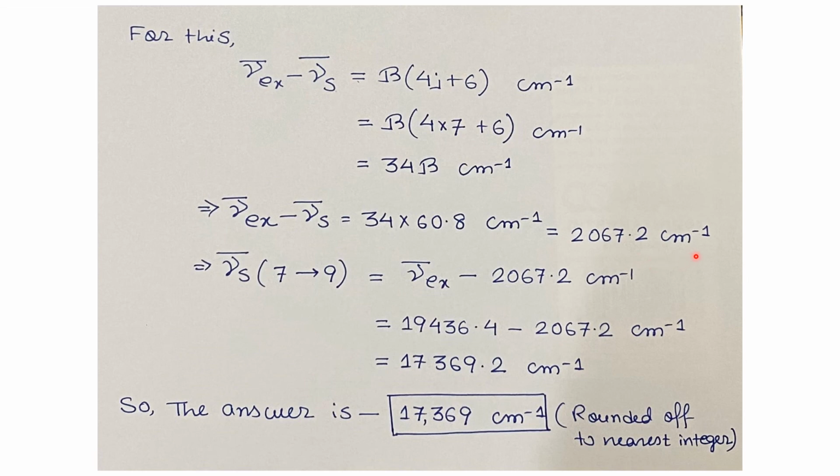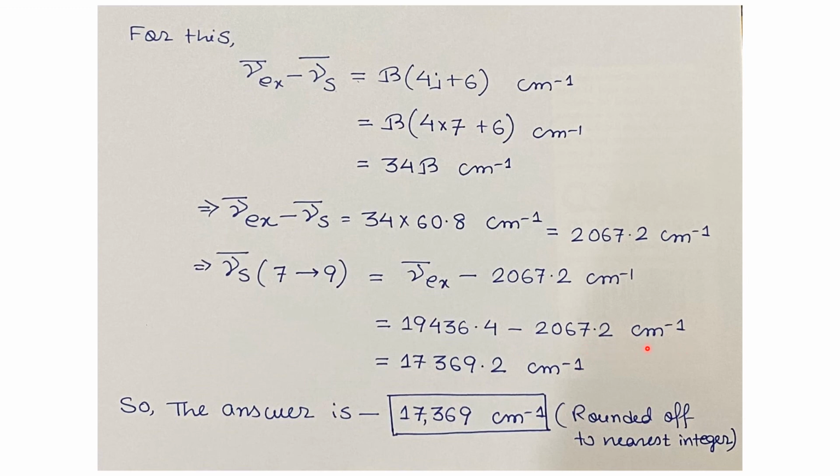So for the transition from J equals 7 to 9, the wave number of the Stokes line nu S bar equals nu Ex bar minus this quantity, that is 2067.2 centimeter inverse. We have already calculated the wave number for the exciting radiation, that is 19,436.4. So we'll put it here and we'll get nu S bar equals 19,436.4 minus 2067.2 centimeter inverse.